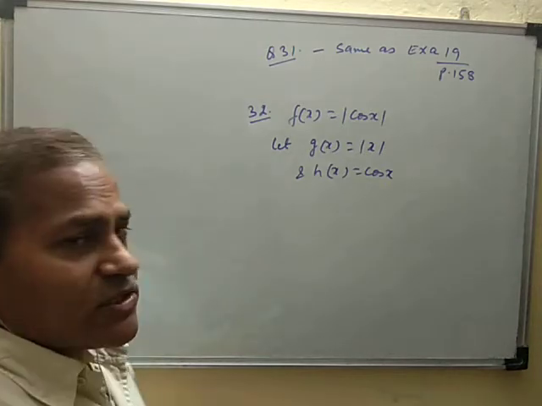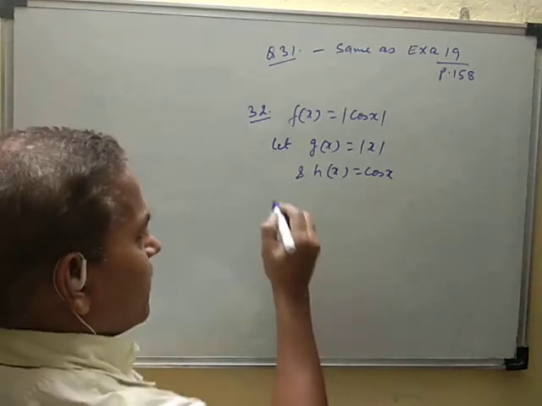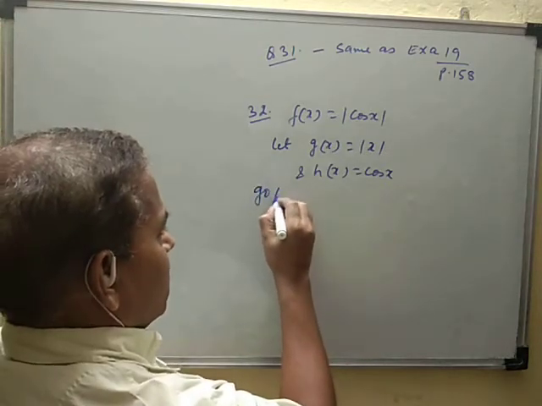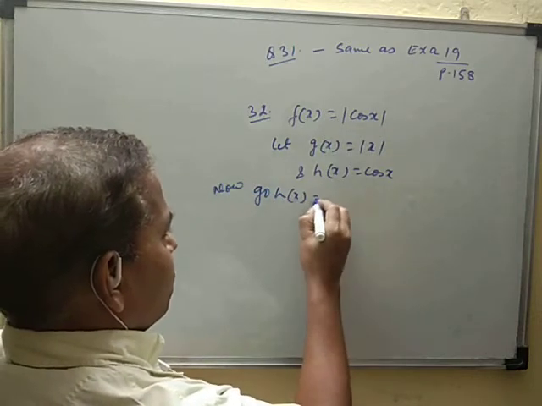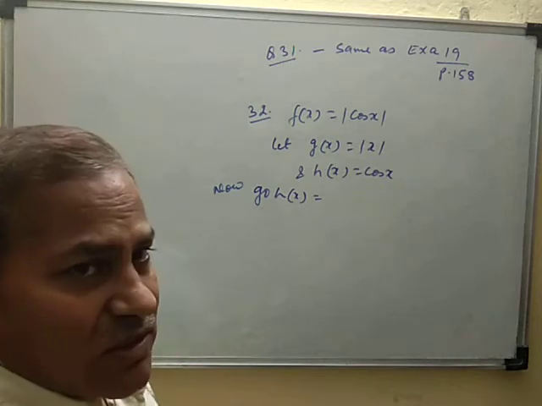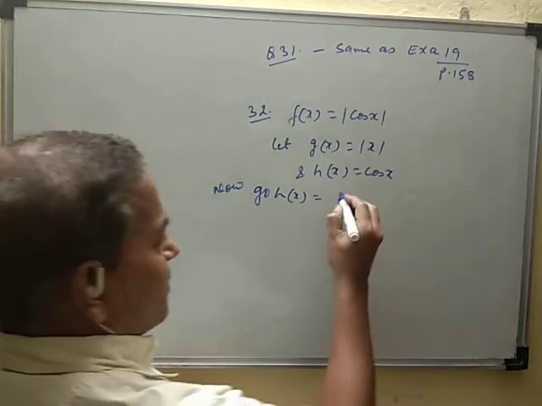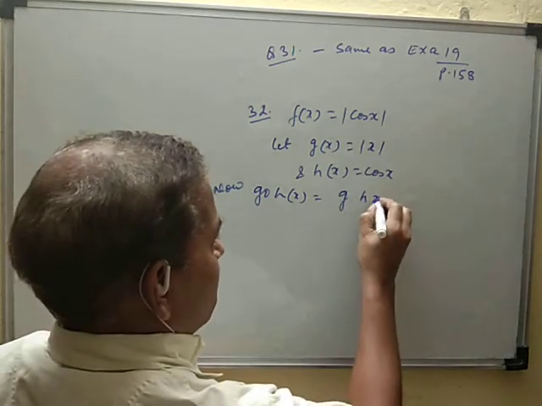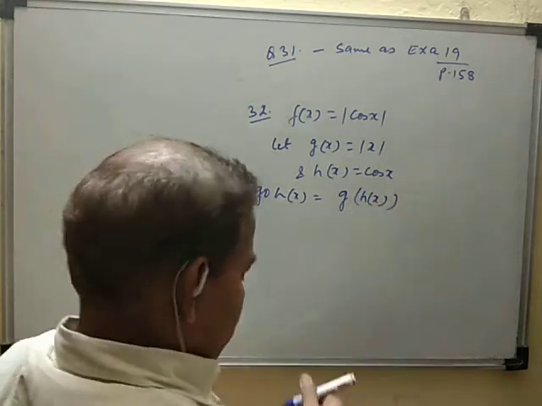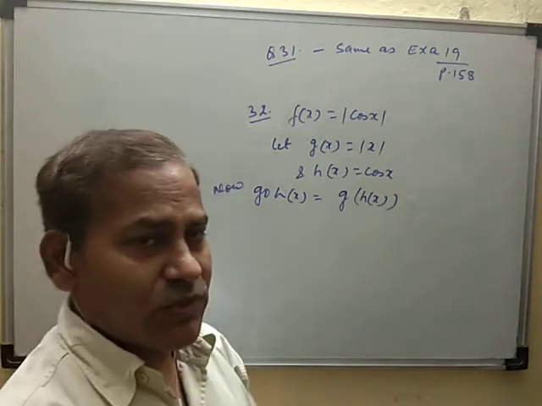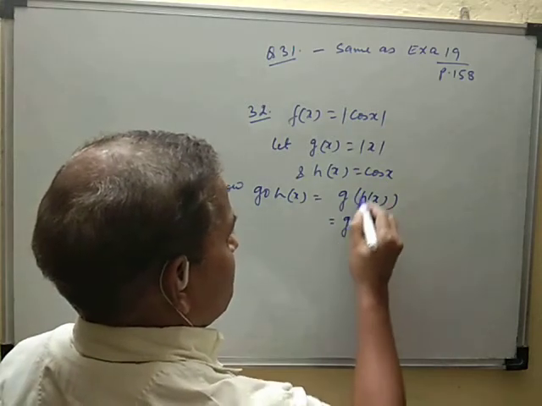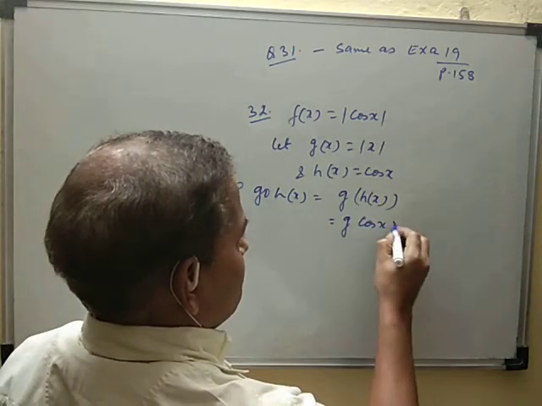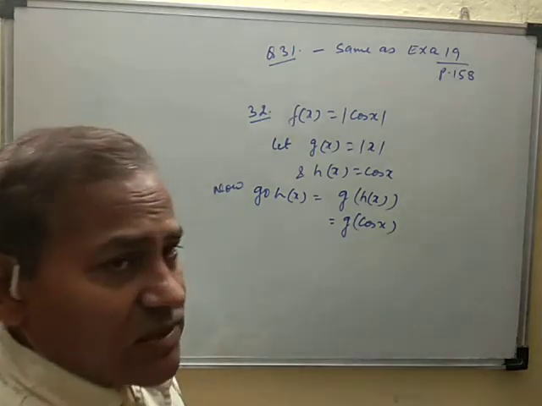Now find its composition. So g composition h at x, by definition this can be written as g of h of x. And what is the value of h of x? Cos x. So g of cos x.